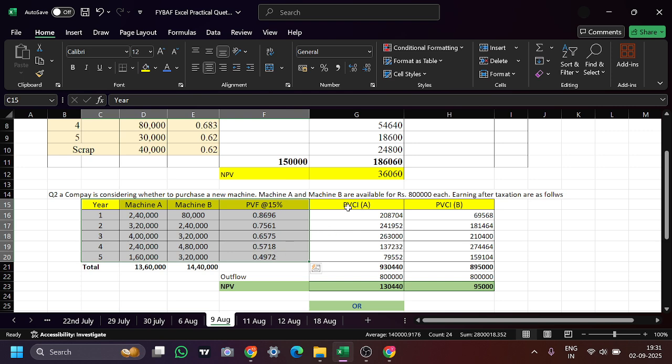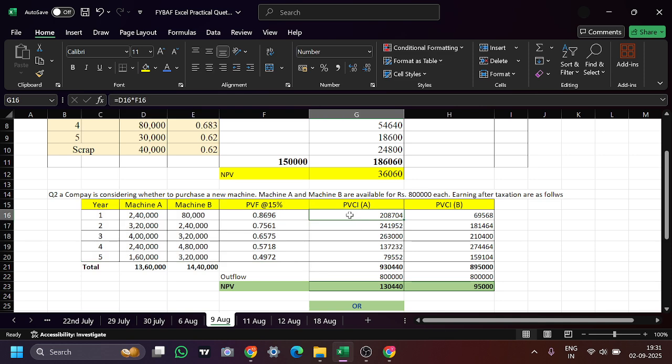Now present value of cash inflow and present value of cash flow of machinery B. To calculate this, what we are going to do, for A we will multiply 2,40,000 with the present value factors. Like if you have noticed over here, in the formula we have D16 into F16.